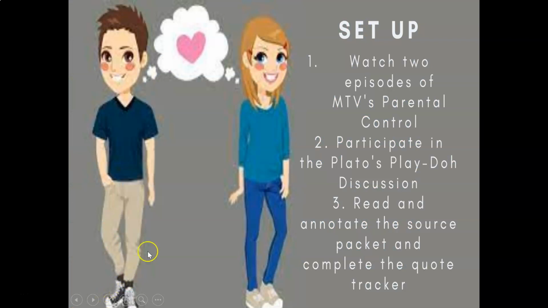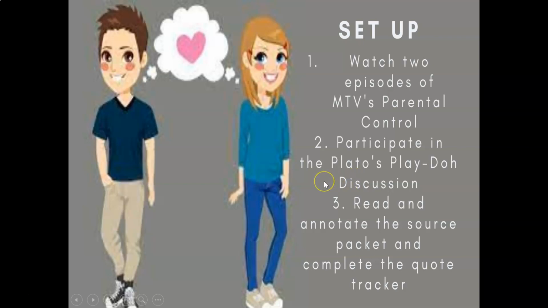So the setup for this is students had to watch any 2 episodes they wanted of MTV's Parental Control. There's plenty of free ones on YouTube. We participated in the Plato's Plato discussion where we broke down the articles together.